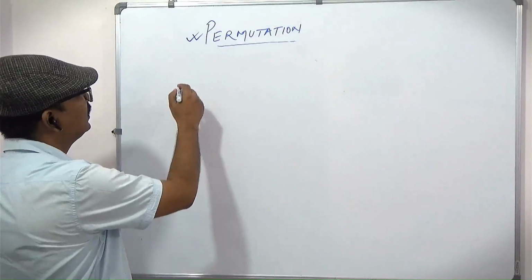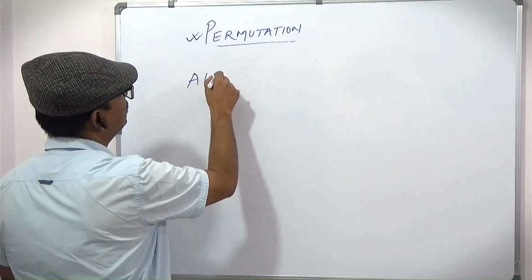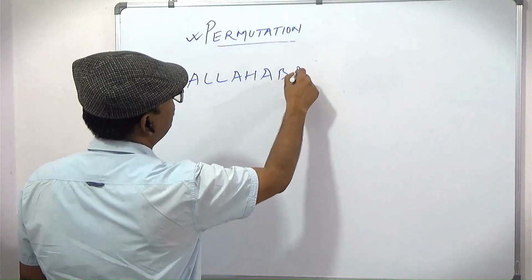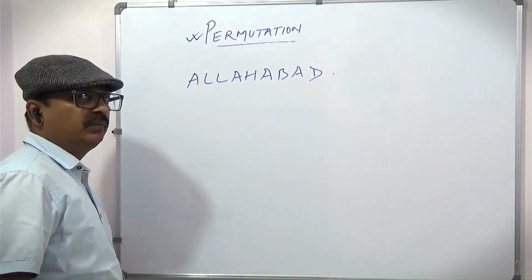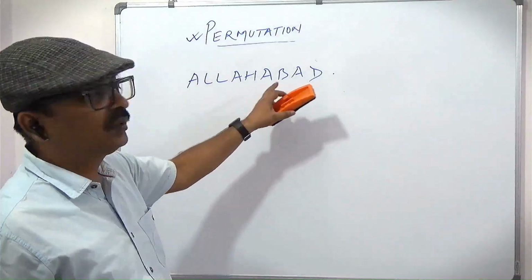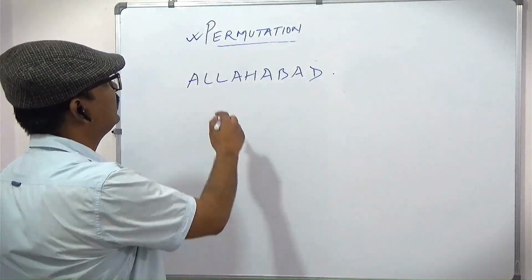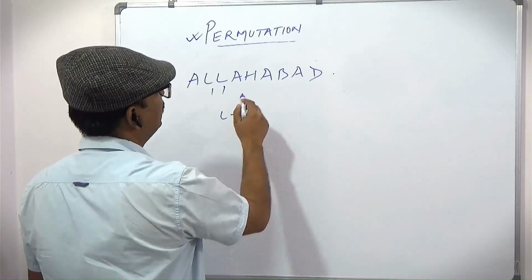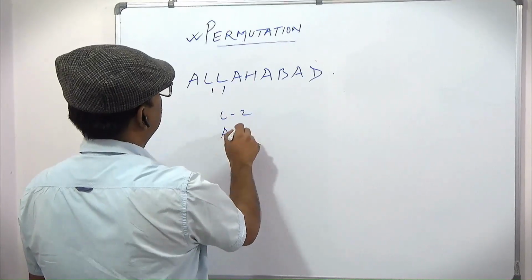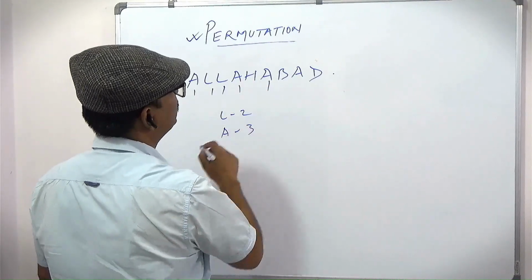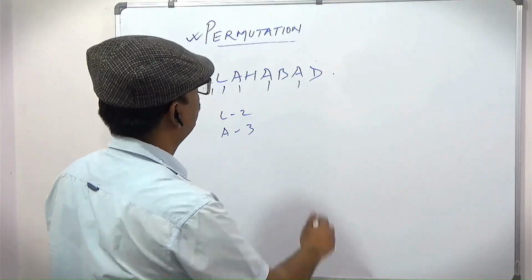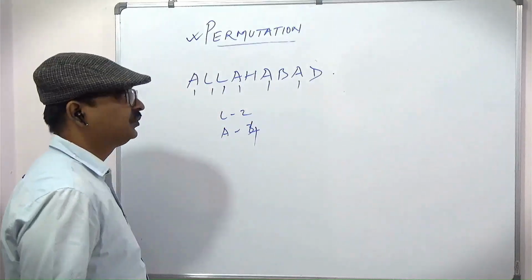Let's see one example, example 1, to understand this. The word is Allahabad, and it asks how many words can be formed using the letters from this word. Here we have L two times, and A is four times.